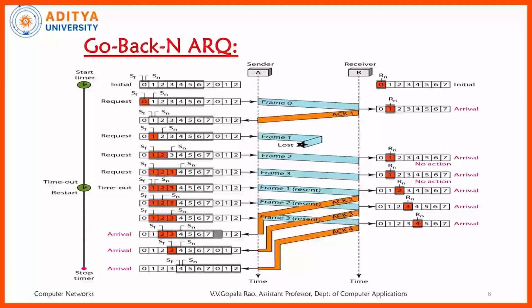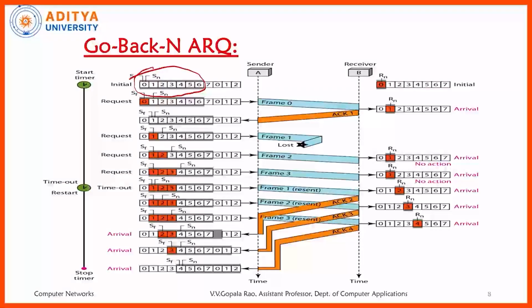So let us start with the total window. The starting window is 0 to 6, and let us say frames 0 to 6 are already in transmission. Why is 7 not taken up here?